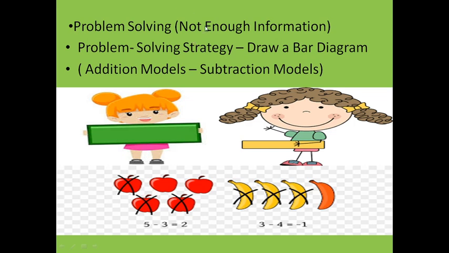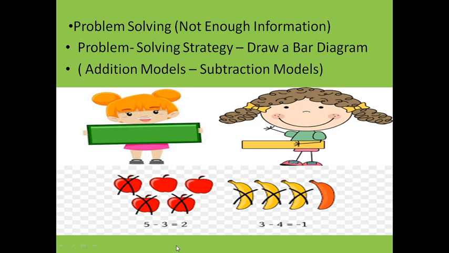If we don't have enough information, we cannot solve it, so we write that it's not enough information. But if we have enough information, we will solve it. Here is the problem solving strategy: draw a bar diagram, addition model and subtraction model.